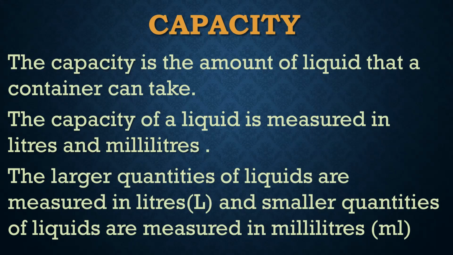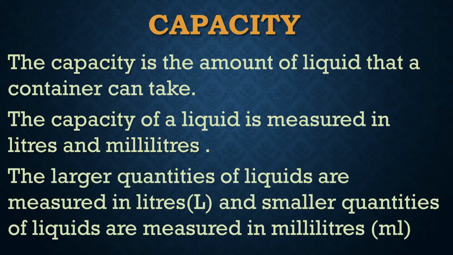Let's see the difference between liters and milliliters here. The larger quantities of liquids are measured in liters, and the smaller quantities of liquids are measured in milliliters. We said the capacity is the amount of liquid that a container can take.